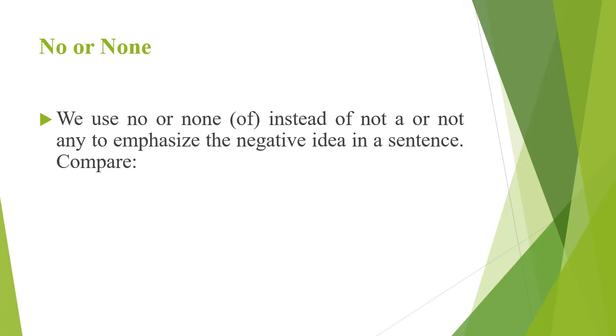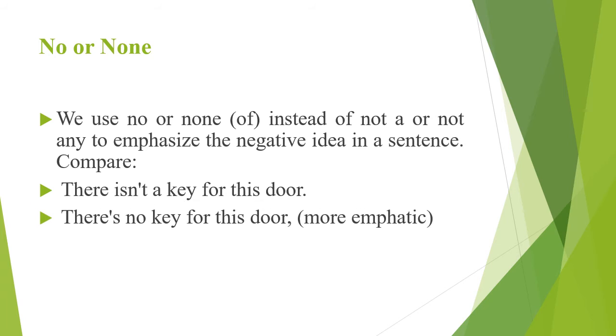So no and none express a negative idea in a sentence. They show a negative idea of a sentence. Compare between these two examples. There isn't a key for this door, and there is no key for this door.